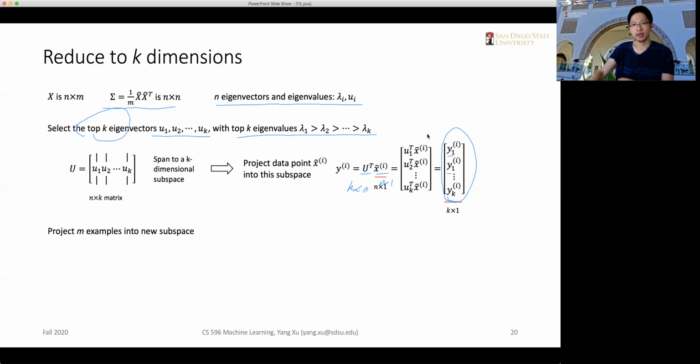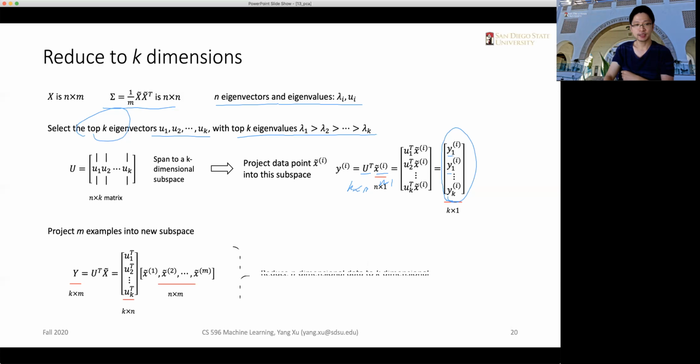Okay, and if we have a bunch of examples, say we want to project all the m examples, then we can easily do that by multiplying U transpose with capital X tilde, which is the data matrix, which will result in a k by m matrix. And this capital Y is the collection of all projected data points in the low dimensional space.